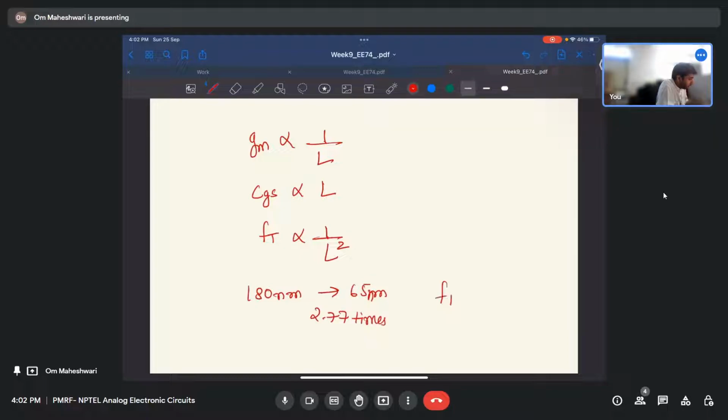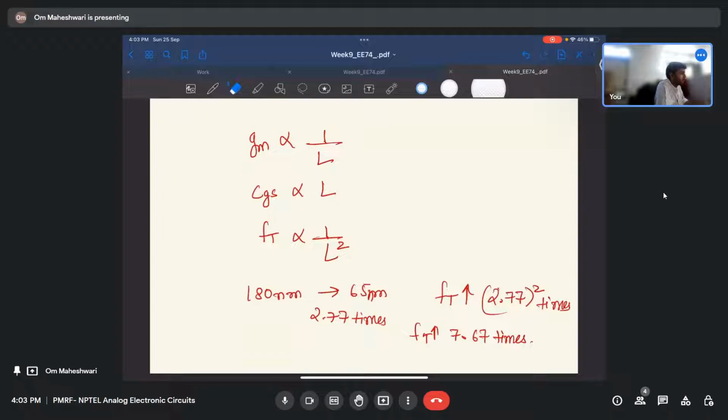So Ft will increase by 2.77 square times. Ft increases by 7.67 times. So we just have to multiply 7.67 in the previous Ft and we will get the new Ft as 360.49 gigahertz.